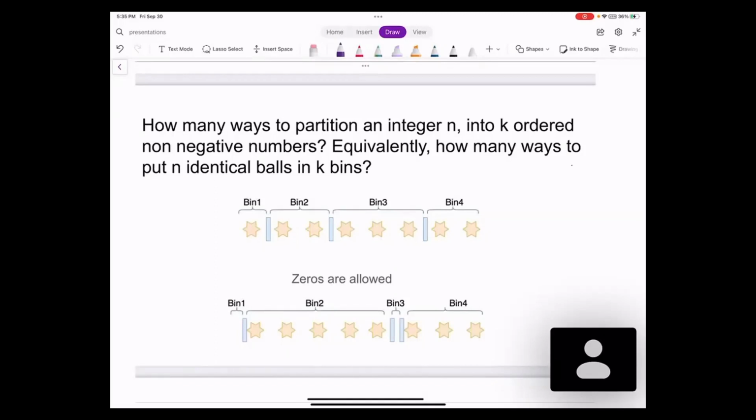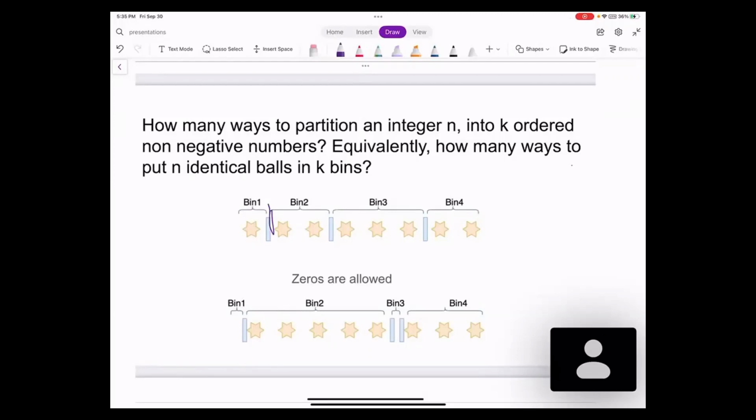All right, so say we have 8 balls here and we want to put them in 4 bins. So what we can do is use 3 bars to separate them. For example, if there's 1 star on the left of bar 1, then that would be 1 star in bin 1.